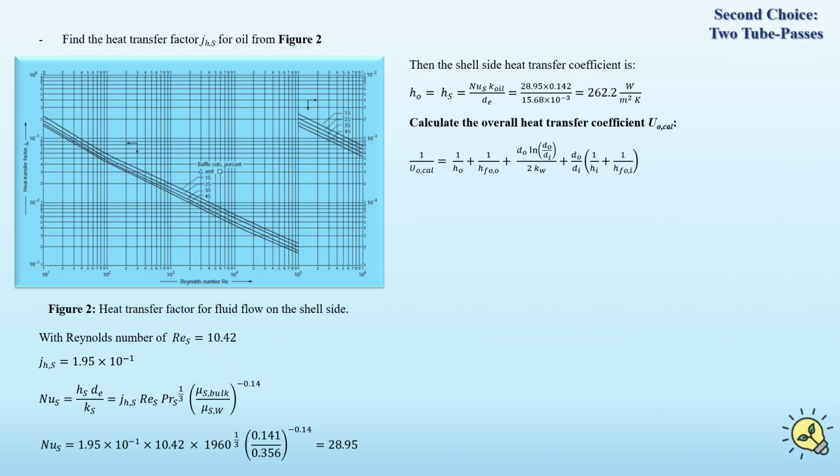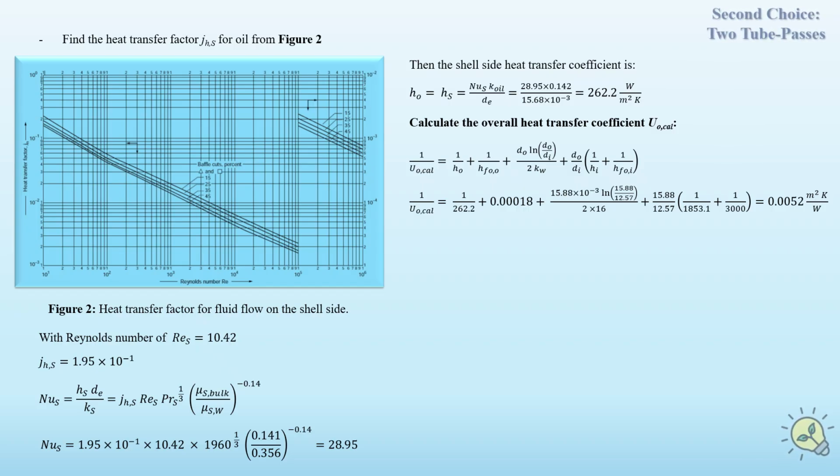Now let us calculate the overall heat transfer coefficient from this expression. If we substitute all the values which we have calculated during this procedure, then 1 over U naught calculated equals 0.0052 meters squared Kelvin per watt.